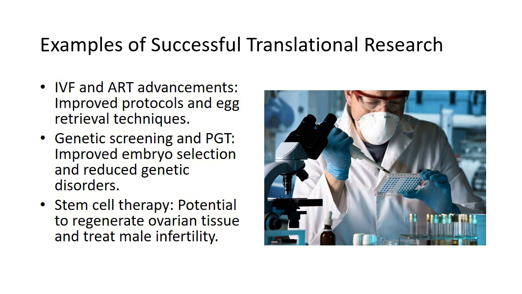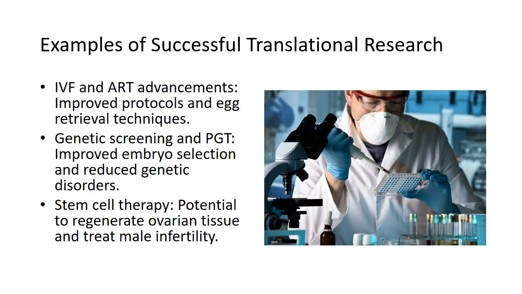5. Examples of successful translational research in reproductive medicine. Some successful examples of translational research in reproductive medicine include A. IVF and ART advancements. The development of in vitro fertilization, IVF, and other ART procedures is one of the most significant examples of translational research.